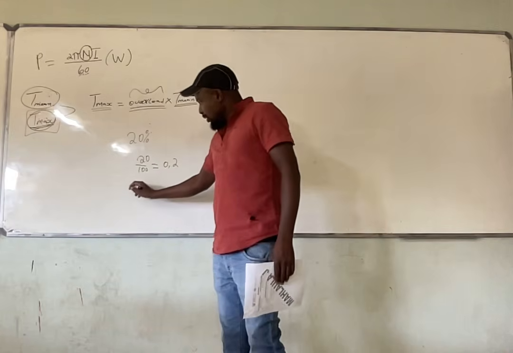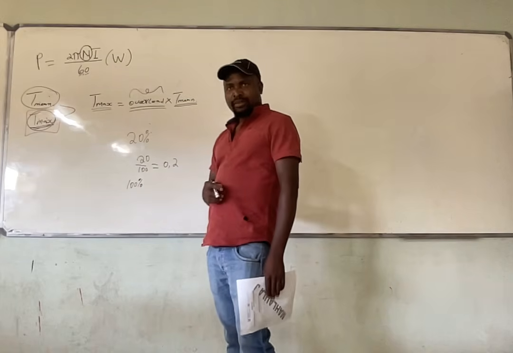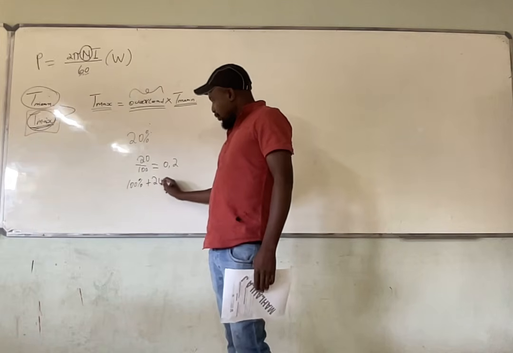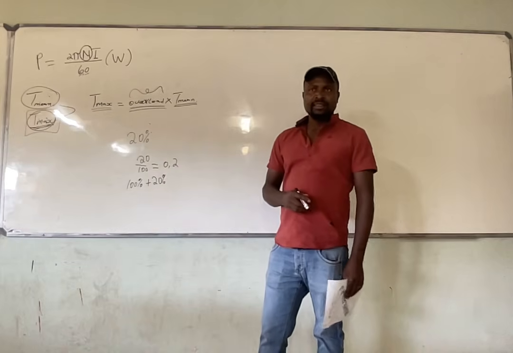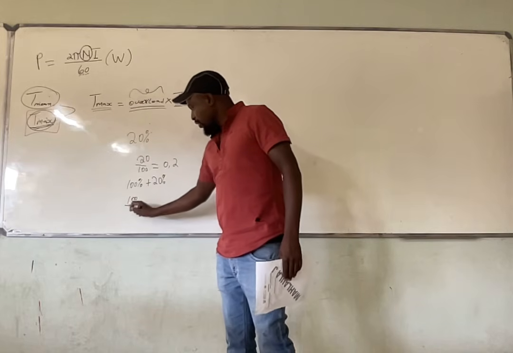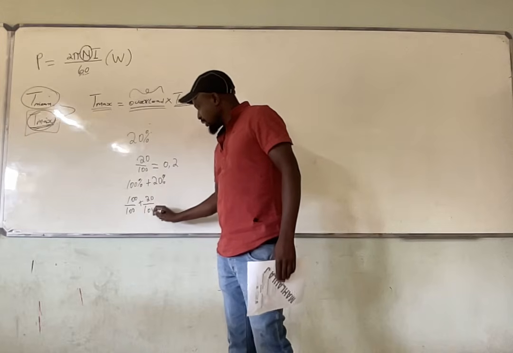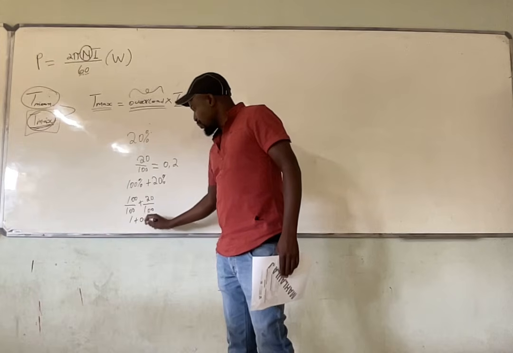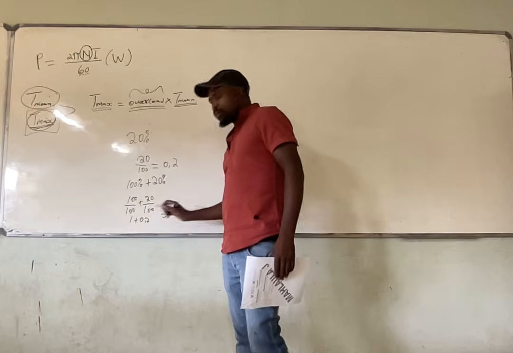So you have 100%, that's the full load, and then you add the overload. 100 over 100 plus 20 over 100 is 1 plus 0.2, which gives us 1.2.